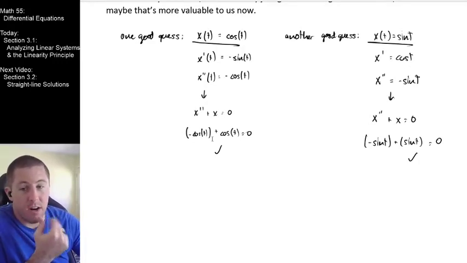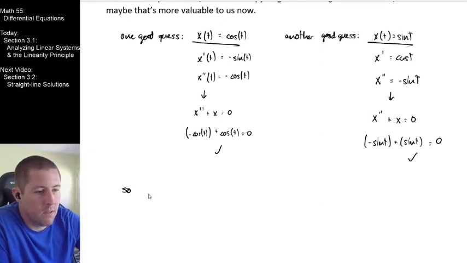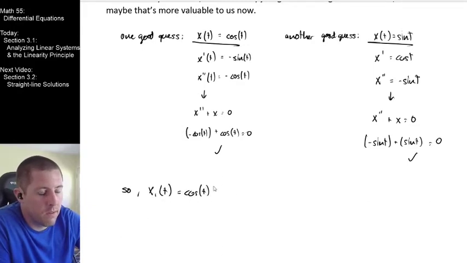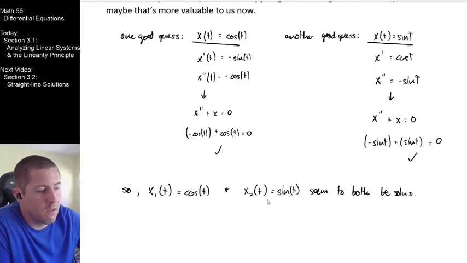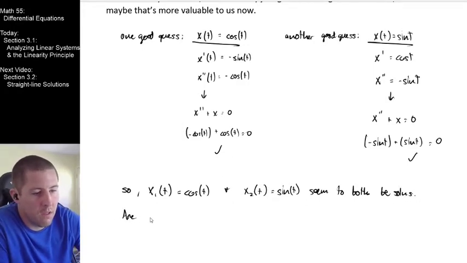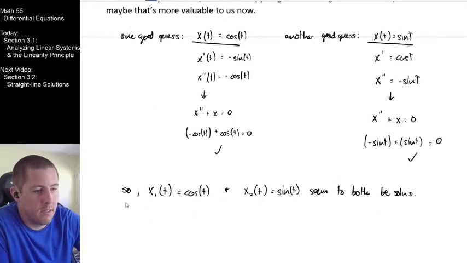So let's go ahead and take a look at what our system solution would look like for this guy. I'm getting ahead of myself. Let me write one more sentence here.